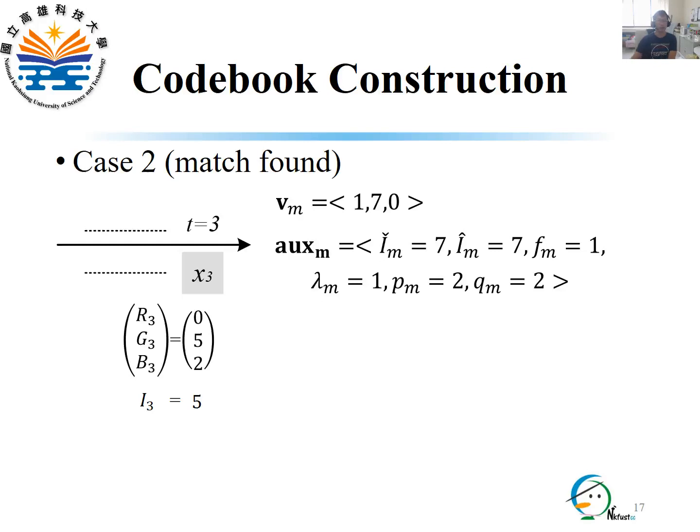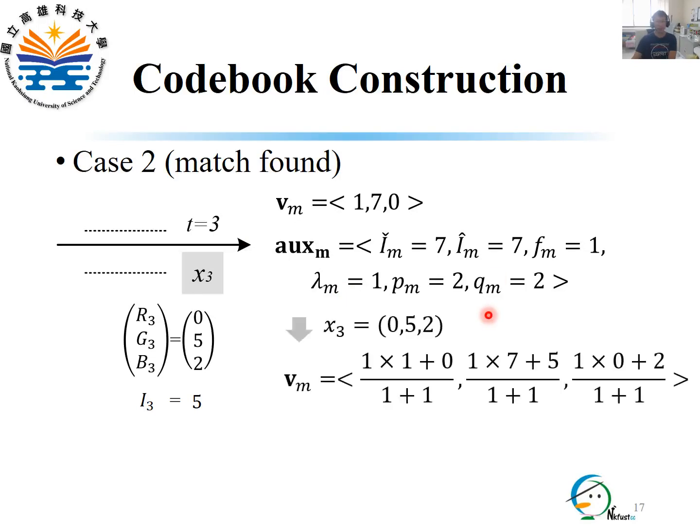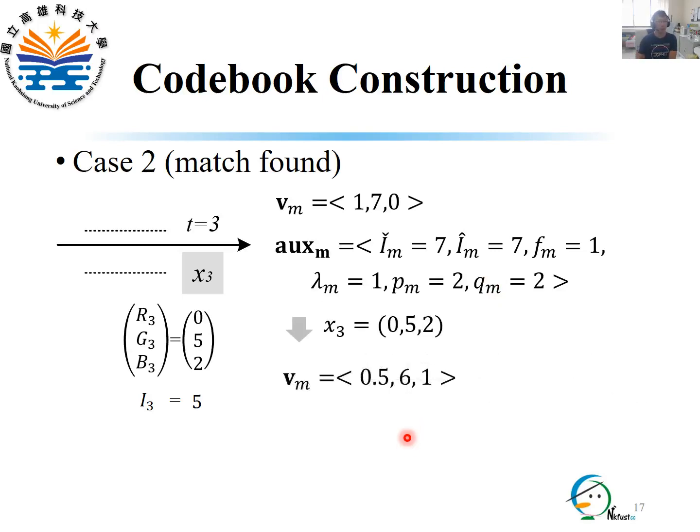For example, if the current observation X_3 with RGB vector 052 matches the cohort C_n, we update V_n by X_3 according to the aforementioned equation, and V_n equals 0.561.